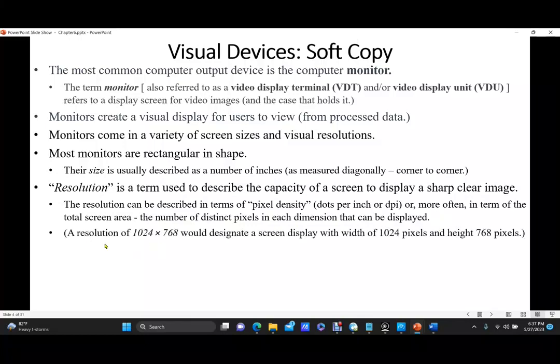A resolution of 1024 by 768 would designate a screen display with a width of 1024 pixels and a height of 768 pixels.